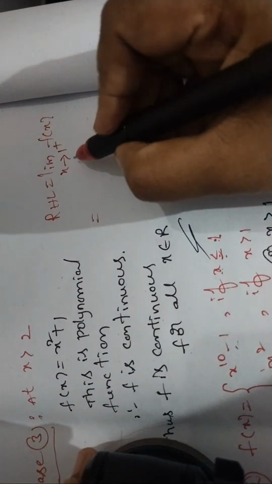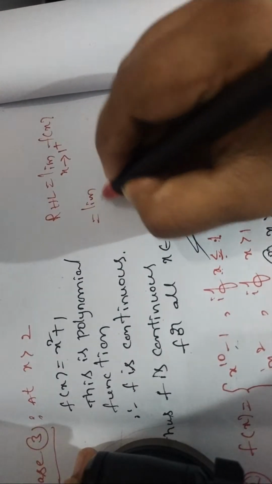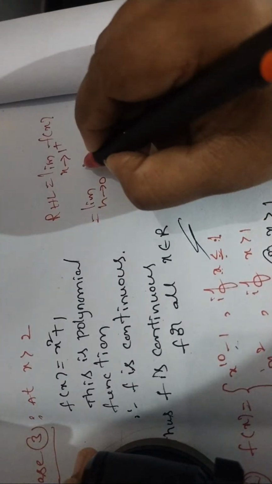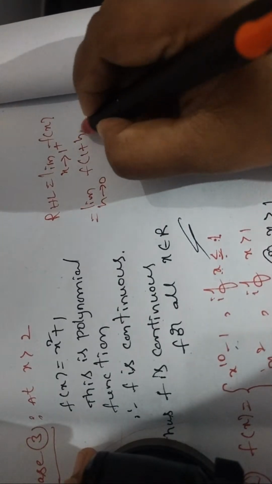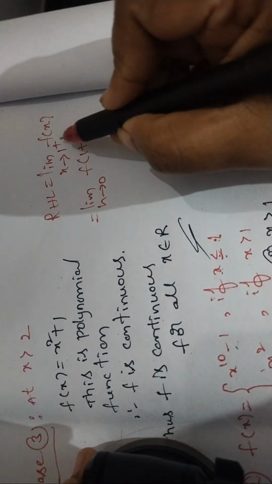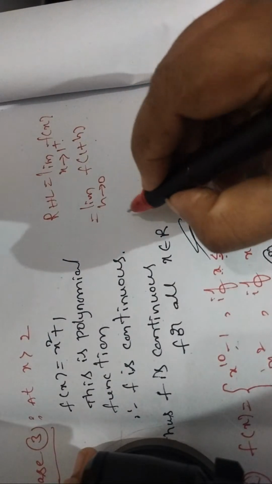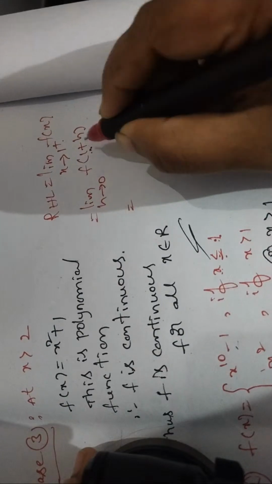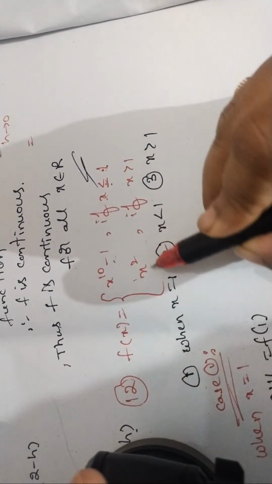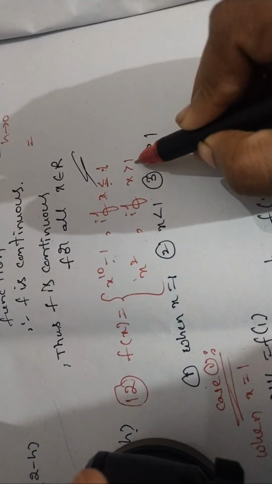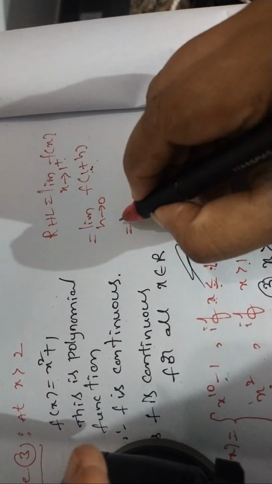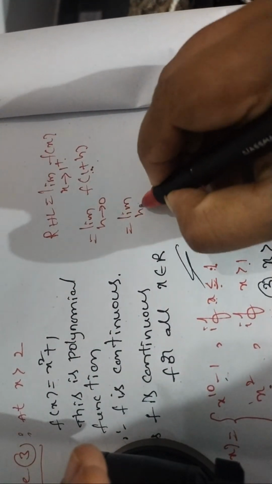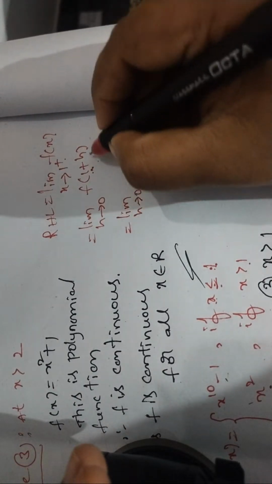Now I want to start from 0: limit h tends to 0 f of 1 plus h. I want to replace x by 1 plus h. Now write the function when x is more than 1. 1 plus means more than 1. So when it is more than 1, the function is x square. But what is x here? Here x is 1 plus h.